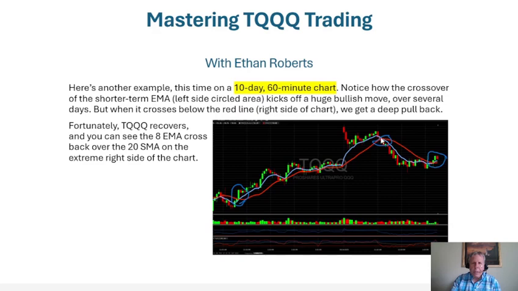The 8-period exponential moving average crosses below the 20, and this results in a very deep pullback, which you can see, and then a recovery, and then on the far right here where I have it circled, the blue line has once again crossed above the red line, or the 8 has once again moved over the 20, and we will get another bullish trend thereafter.